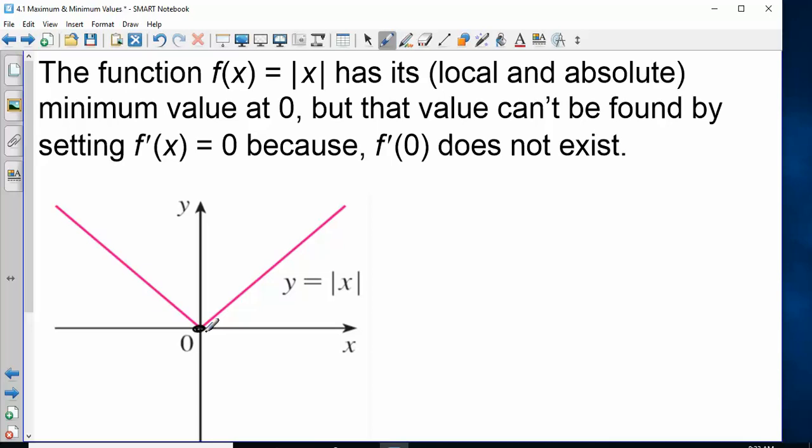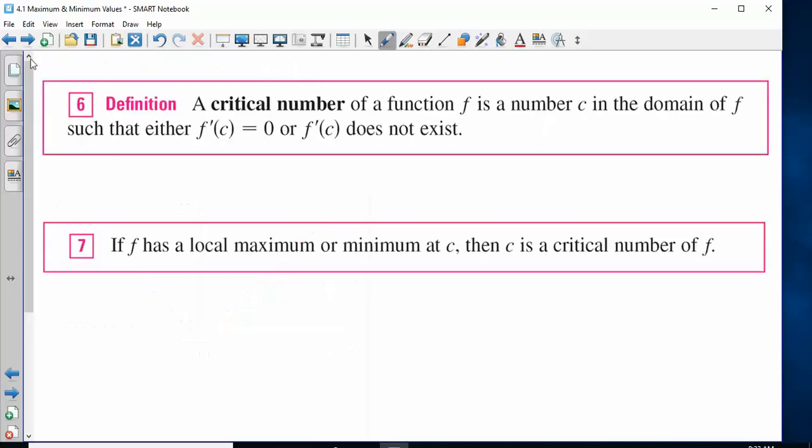So we can't only look at the points where the derivative is 0, we also need to look at where the derivative might be undefined. Okay, so these points where the derivative is 0 or undefined are called critical numbers. And our maximums and minimums are going to happen at our critical numbers. So what we are going to do now is find those critical numbers.